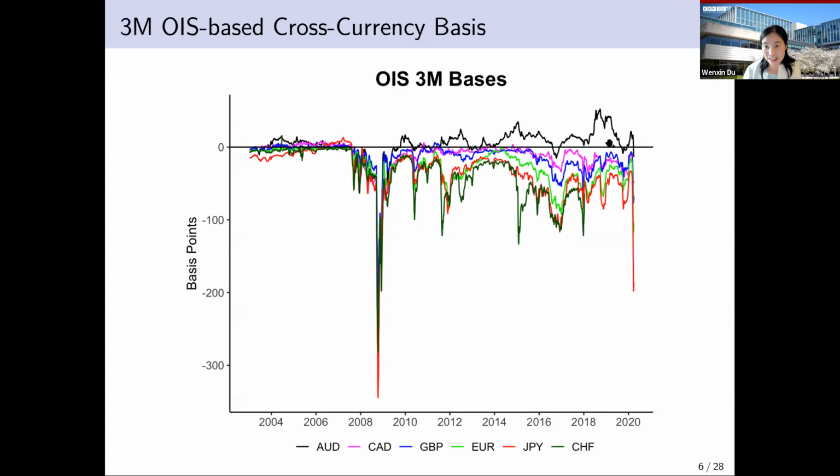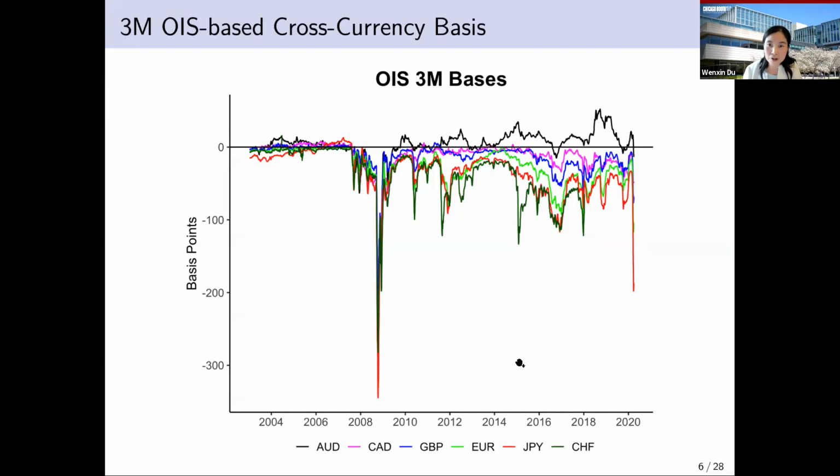And interestingly, in terms of direction, remember the cross-currency basis is defined as the direct dollar interest rate minus the synthetic dollar interest rate. They're largely negative for the majority of the most liquid currencies here, but there are exceptions. For instance, the Australian dollar and New Zealand dollar, not plotted here, are the most well-known exceptions.